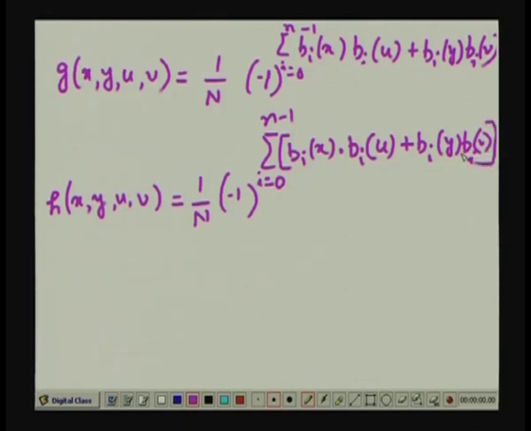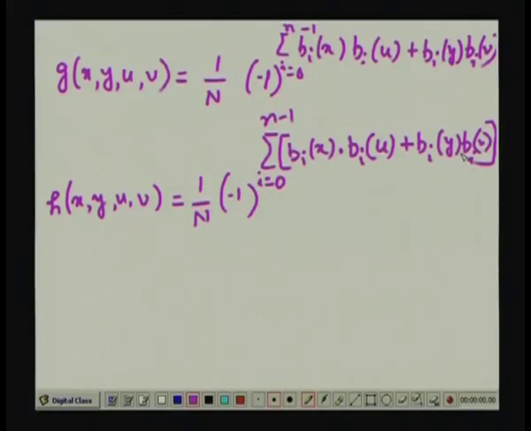So, you find that the forward transformation kernel and the inverse transformation kernel in case of two dimensional discrete Hadamard transformation are identical. So, that gives us the forward transformation and the inverse transformation for the two dimensional discrete Hadamard transformation to be same, which enables us to use the same algorithm or same program to compute the forward transformation as well as the inverse transformation.